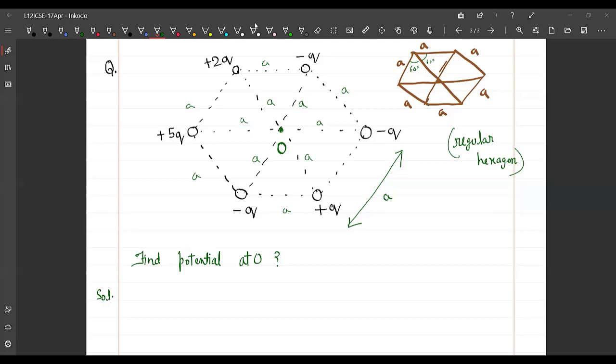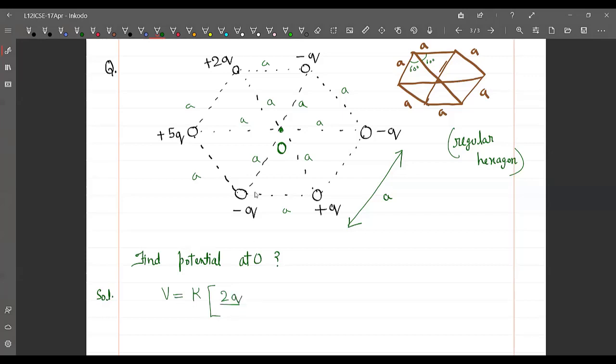Sir, I think it will be k into 2Q minus Q by a, something like that. So potential is kQ upon r, so I can take k as common. If I start from this point, 2Q and point O are separated by a distance a.